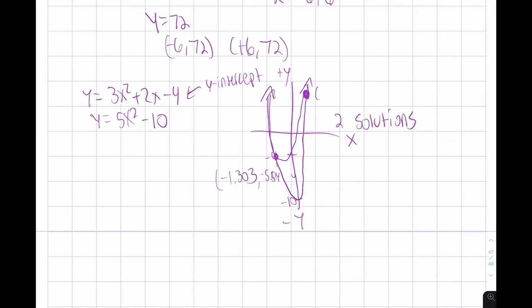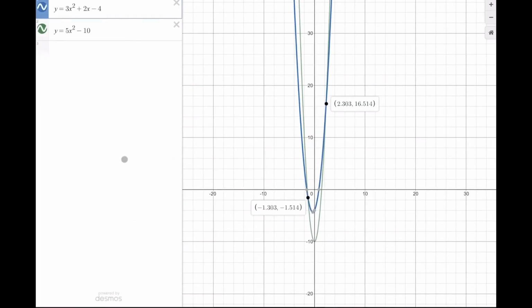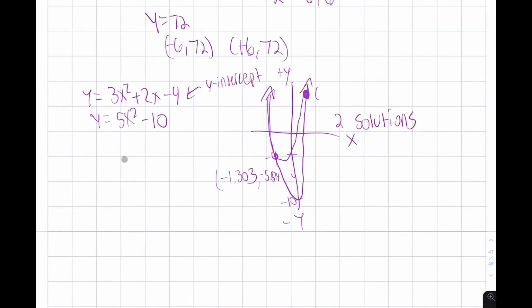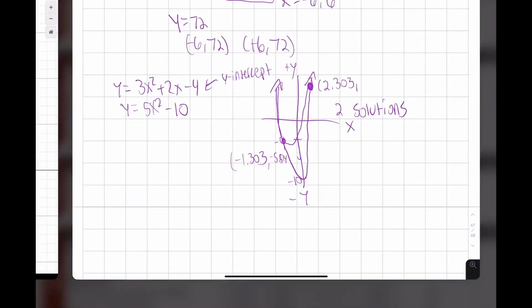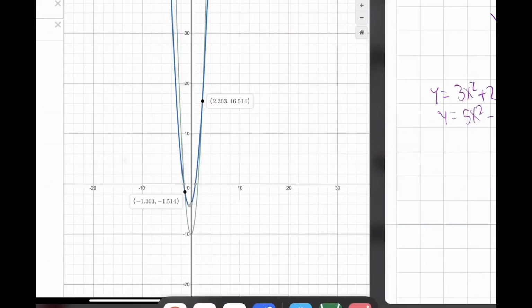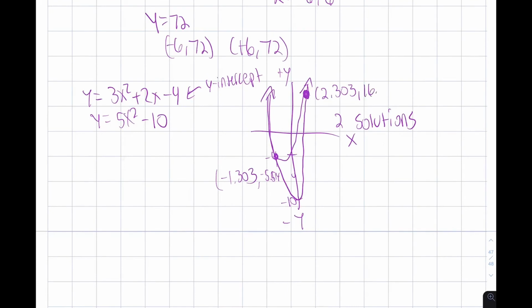And this one was 2.303, comma, 16.514. And that will be our second system of equations.